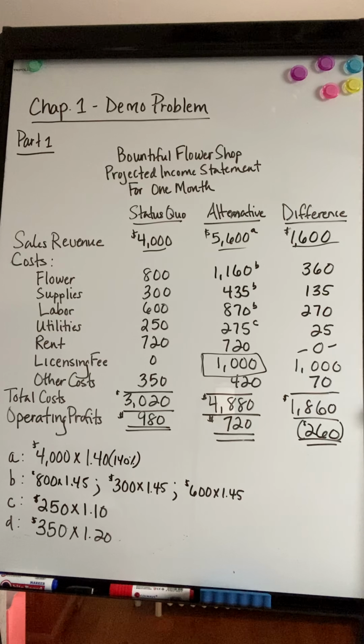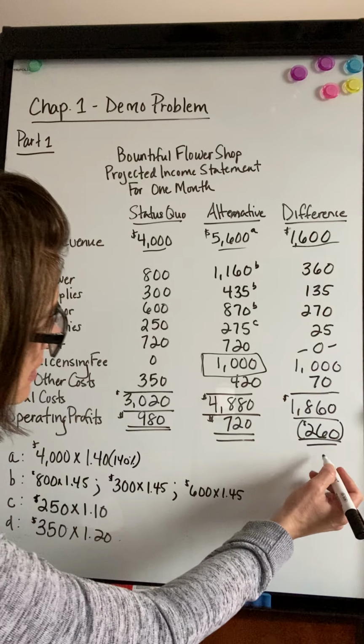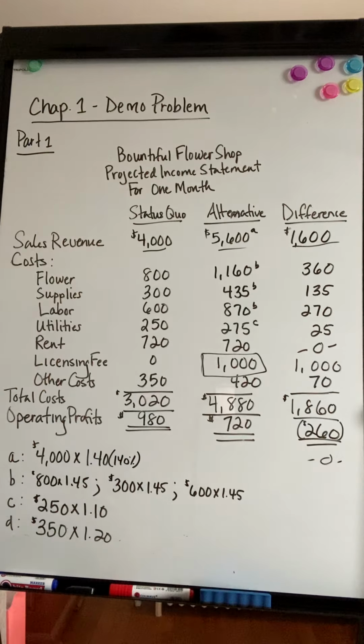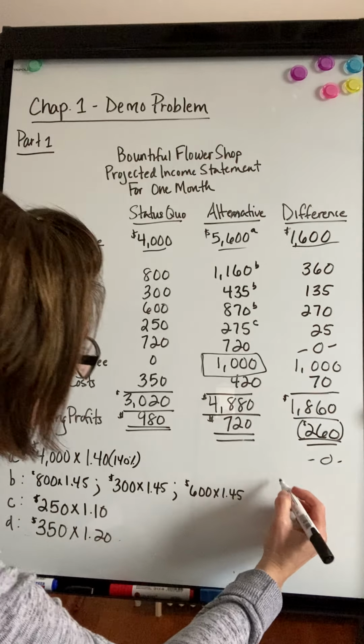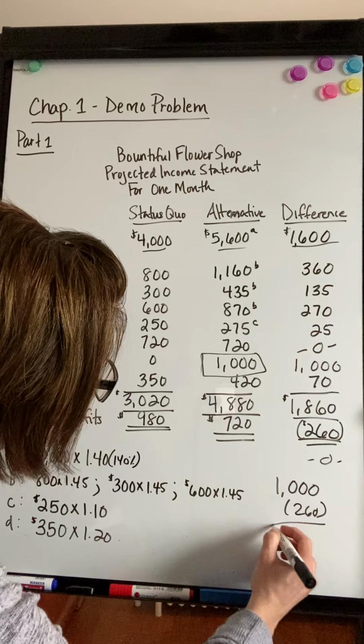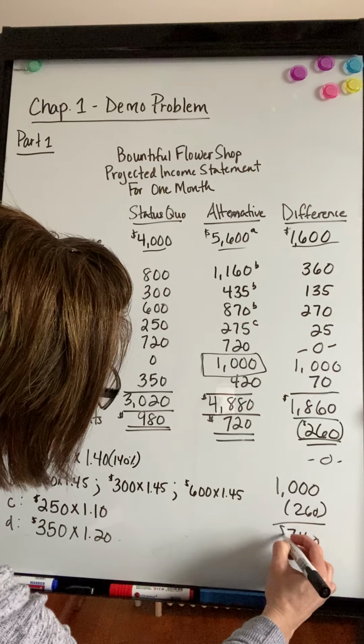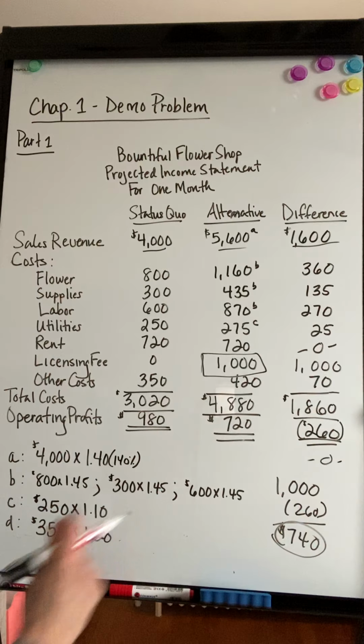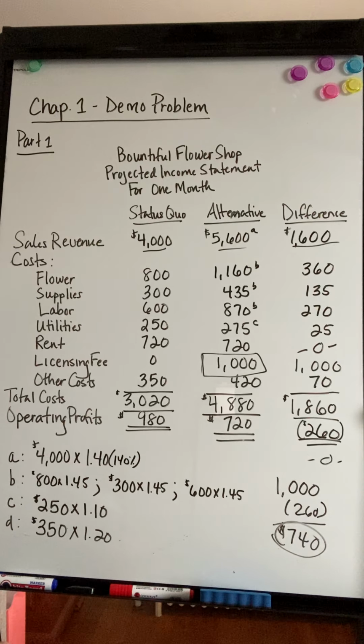What amount would make the licensing fee indifferent between the two choices? Well, I look at that as if I'm indifferent, then this number should be 0, right? So in order for this number to be 0, the fee would have to be reduced by the loss. So if he could negotiate a price of $740, then he would have a difference in operating profits of 0.